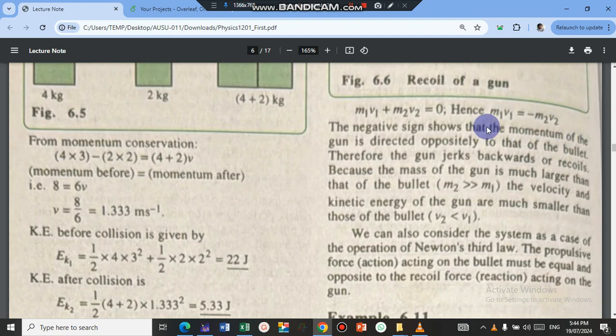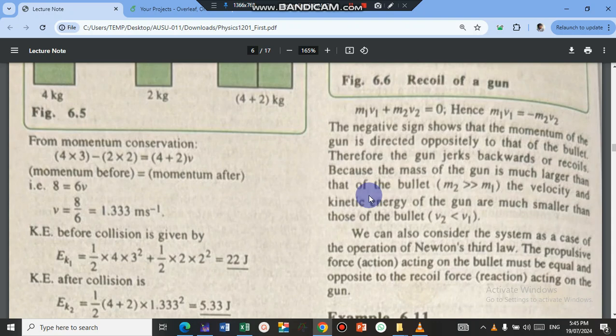The only interpretation of the negative sign is that they are oppositely directed. If this one is directed to the left, the other one to the right. If this one is upward, the other one is downward. If this one is in plus x direction, the other one should be in negative x direction, and so on, oppositely directed.